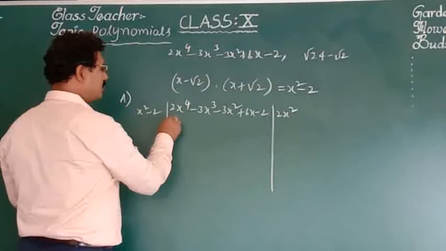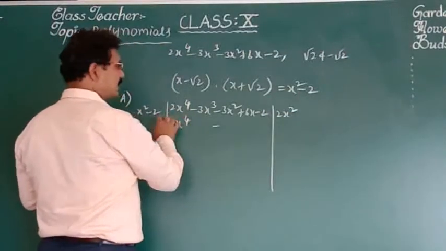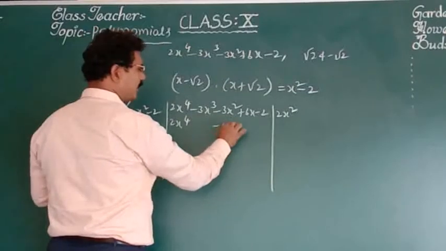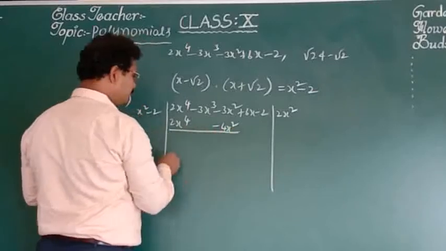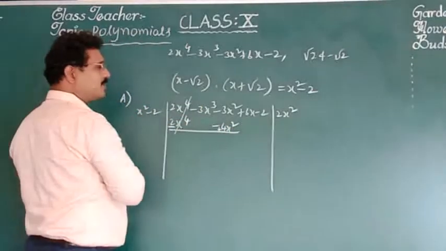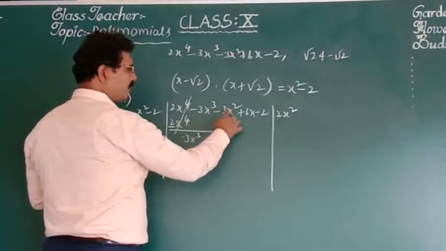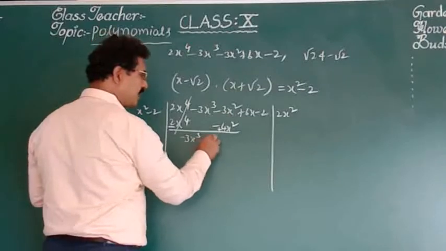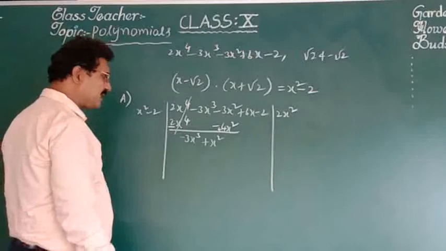2x square into x square is 2x power 4. Now minus 2 into 2x square, that is 4x square, which you write underneath. Now minus becomes plus. 2x power 4 and 2x power 4 cancel. What is remaining? Minus 3x cube, minus 3x square plus 4x square, that is plus x square.